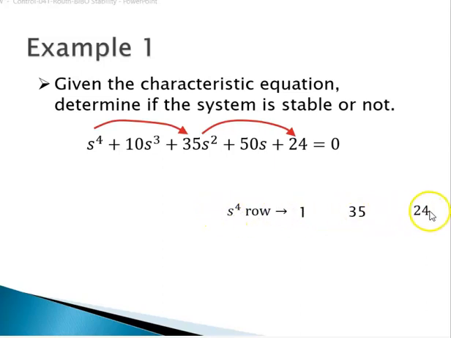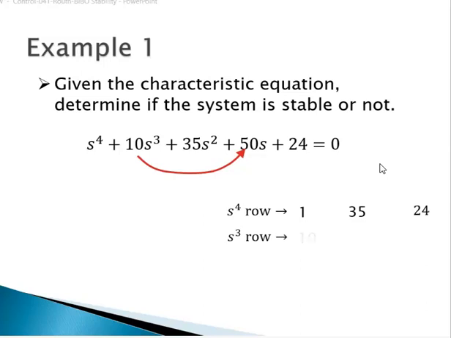The s power 4 row consists of 1, 35, 24. Similarly, the s cube row consists of two elements, 10 and 50. Because there is nothing else after 24, we put a 0 to remind us that there is nothing else there.